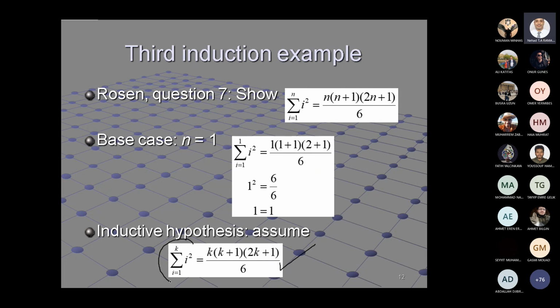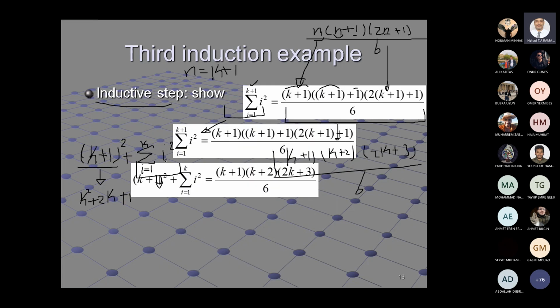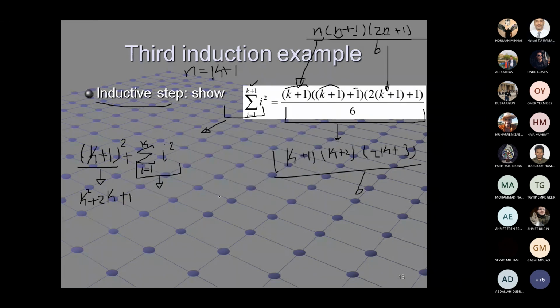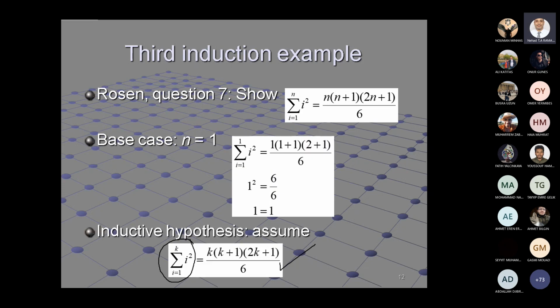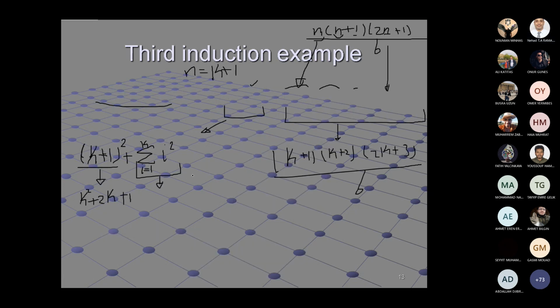So we have this part, as you can see it here. We have this part from i equal 1 to k of i square. You can see it here. So we can take this side.